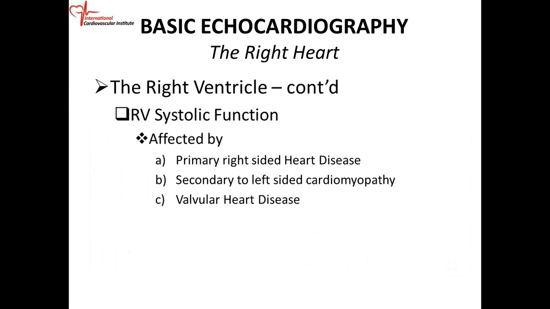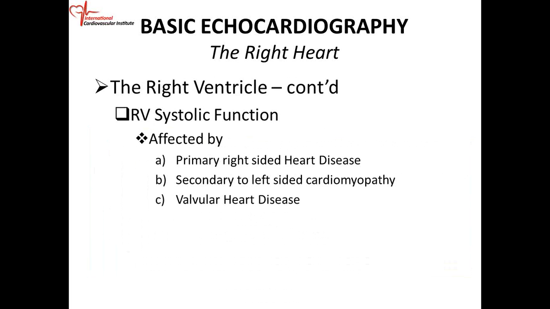What we mean by that is that if you have a disease that just affects the right side, the right ventricle itself, and one of those diseases is the arrhythmogenic RV dysplasia. Remember what we said? RV dysplasia means that the right ventricular muscle is replaced by fibrofatty tissue.